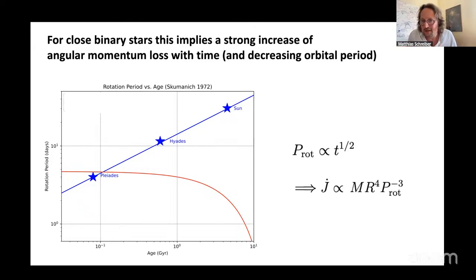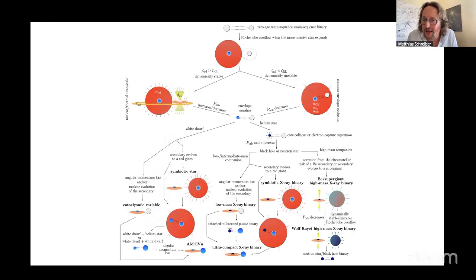Don't get scared. It's a very dense figure. You don't need to understand the entire figure. I just want to illustrate at which stages magnetic braking becomes important. So this is now from a paper from my postdoc Diogo Belloni and myself, a review paper on binary evolution. And this is basically all that can happen to two stars that start as main sequence stars, and if they evolve further.